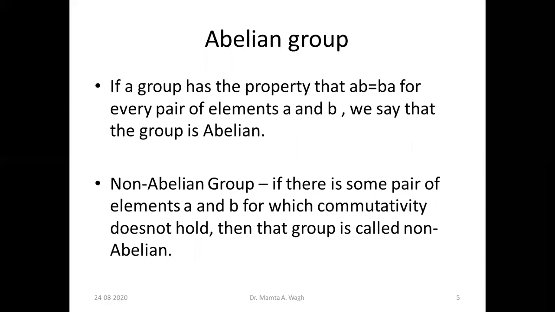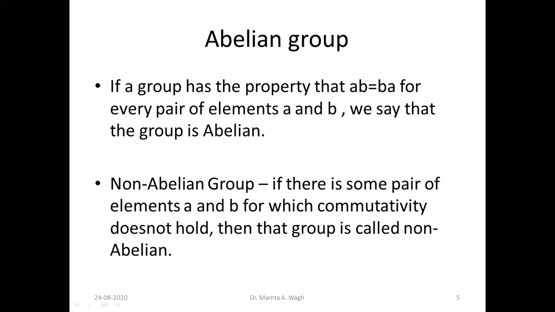Now what are abelian groups? If a group has the property that AB equals BA for every pair of elements A and B, then we say that the group is abelian. This is the commutative property. So if for every A and B you have this commutative property, then the group is an abelian group. Abel was a mathematician, and after his name, the name abelian group is given. And what are non-abelian groups?